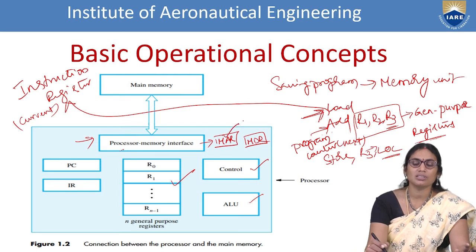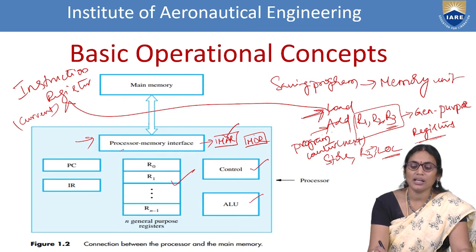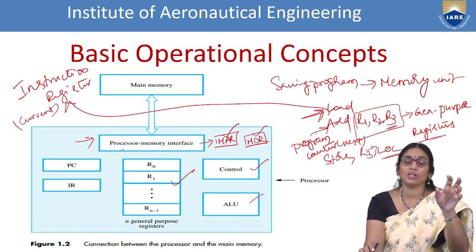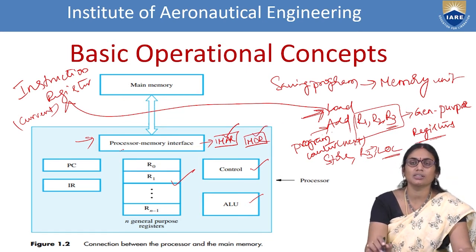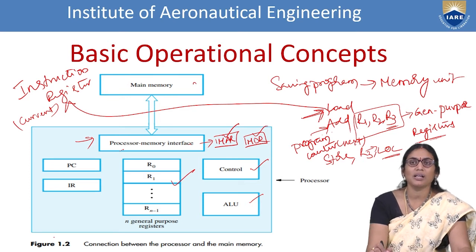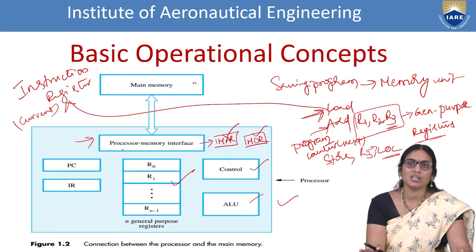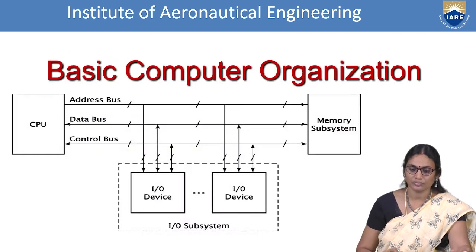The memory address register gives you the location where the data has to be fetched, and the memory data register holds the data from that particular location. So these are the two basic registers which are acting as an interface to connect main memory and the processor. And this is a complete processor interface. So in this way, the basic operational concepts are generated.